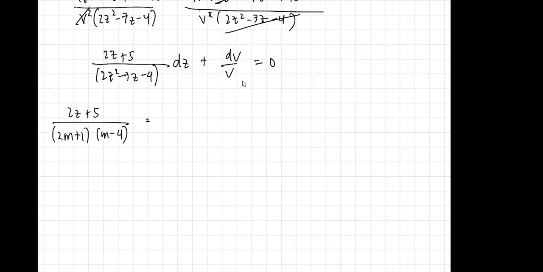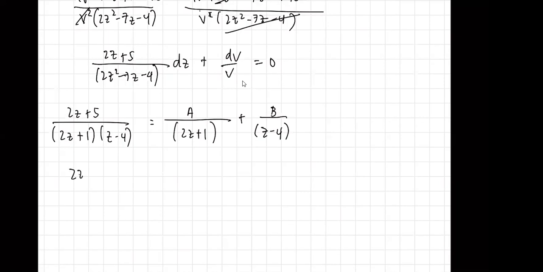Linear equation tayo na walang repeating. So, we have 2z plus 5 all over 2z plus 1 times z minus 4 equals to a over 2z plus 1 plus b all over z minus 4, or 2z plus 5 is equals to a times z minus 4 plus b times 2z plus 1.